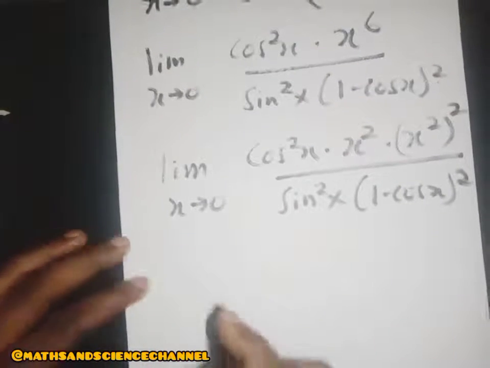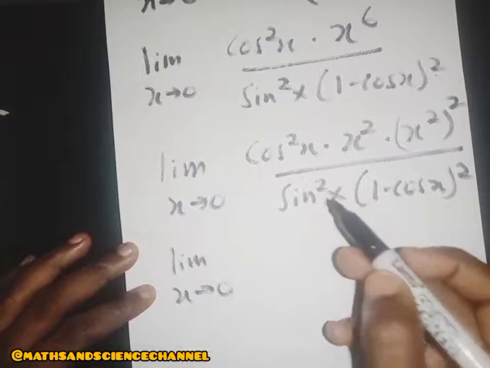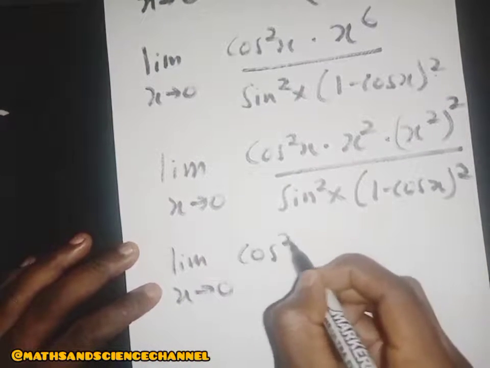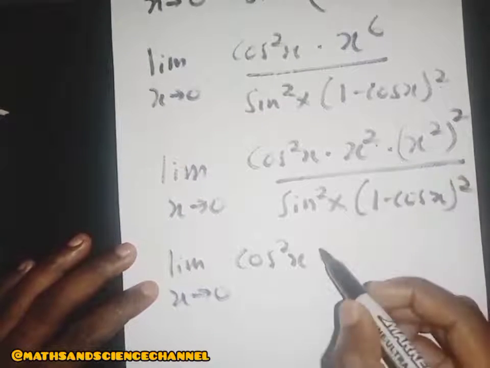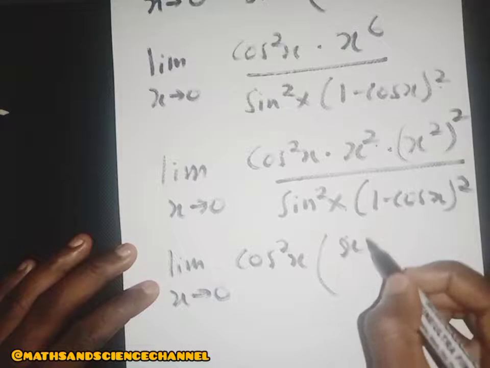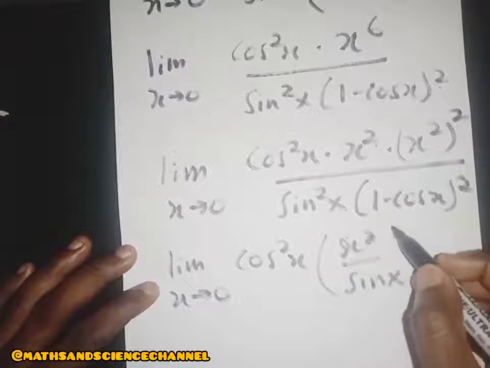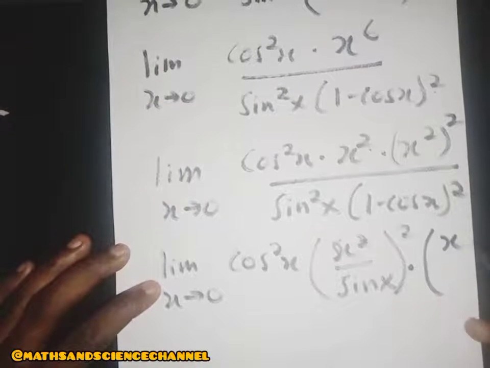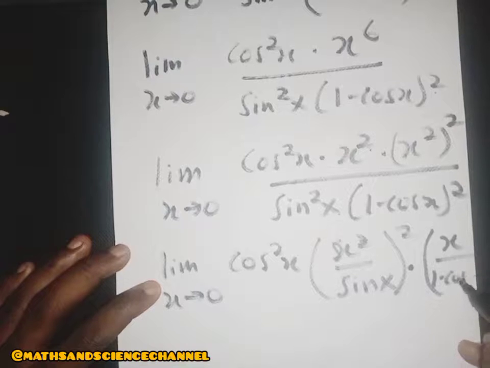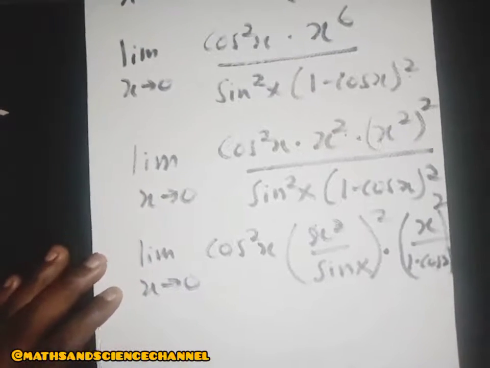So in this case we can just separate them and then do it individually. So we can have cos squared x, since we have x squared, we can just consider that. So we have sine x, so let's put the square here, multiplied by x over 1 minus cos x here, but then let's square that also.